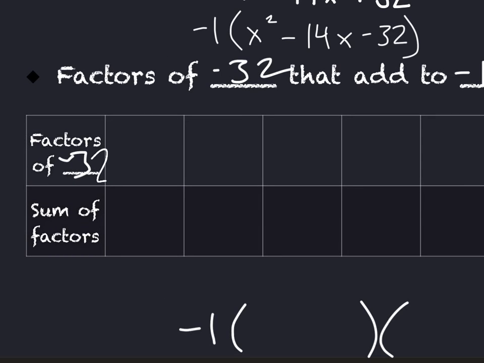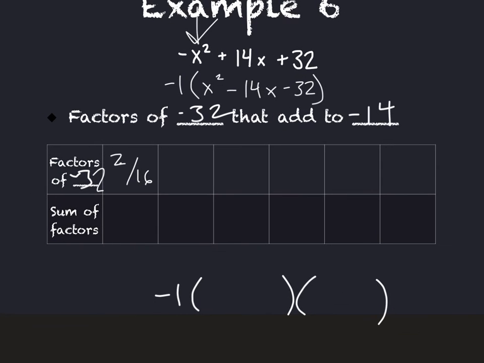Which one's negative? If we're looking for a negative number, the bigger one has to be negative. So whatever number you're looking for the sum of, the bigger number has to be that same sign. So here, the bigger one has to be negative. So what's 2 minus 16? Negative 14. It's exactly what we're looking for. So 2 and negative 16 work.